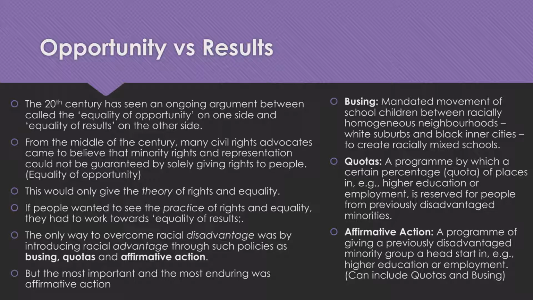You could also use quotas, which was a certain percentage of places in higher education or employment reserved for people from disadvantaged minorities. So for example, in a lot of American universities, although this has technically been outlawed now, but it hasn't, 10%, let's say, of places will go to African Americans, 10% of places will go to Hispanic people, 10% of places will go to East Asians, and the rest of the places will be for American white people.